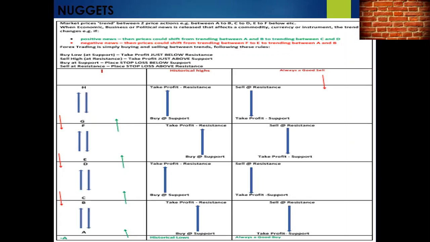So if we're buying at C, being a price point on a chart, which may be 1.300 on a GBP USD chart, which simply means that if we want to exchange £1 for the dollar, we would receive $1.30 in exchange.